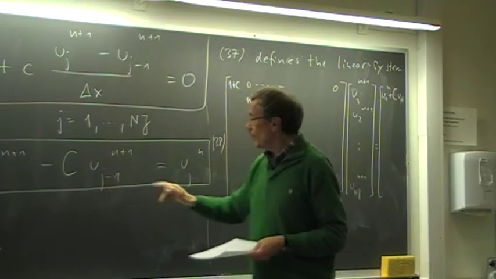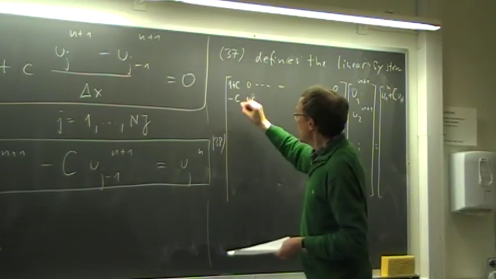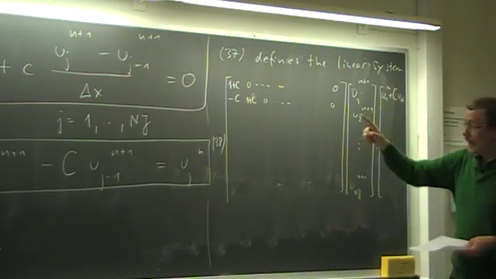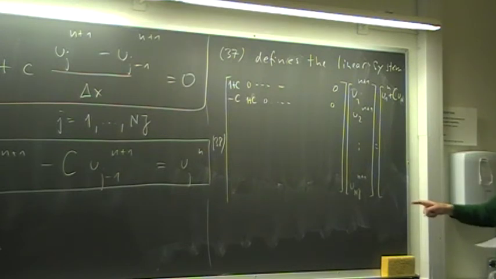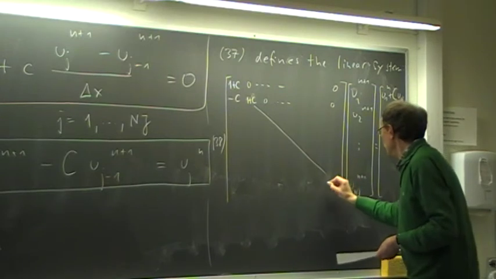Minus c u1 at the new time level, that means we get a minus c here. And the rest again, 0. And this pattern will continue all the way through until the very end.